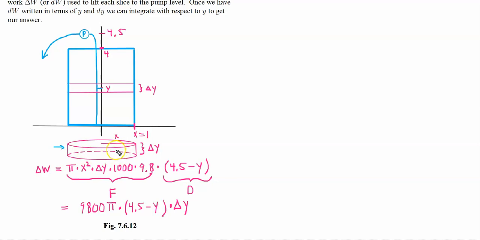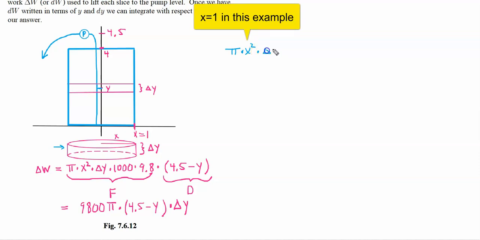And that'll give us the amount of force required to lift that slice. Okay, so looking at this circular disc of water, the volume is going to be pi times x squared, the radius squared, times the height, which is delta y. Okay, so that's what we have right here.